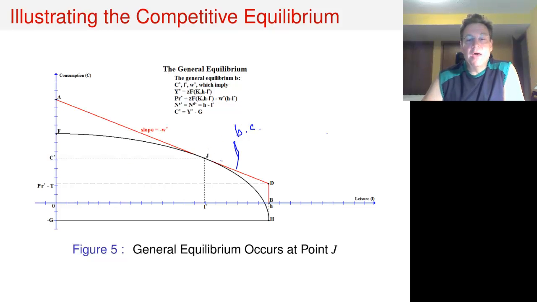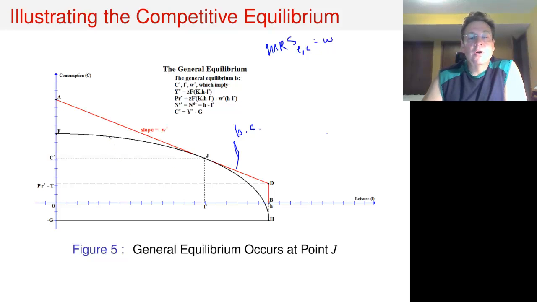The slope of that, as we know, if the consumer has optimally chosen J, then at point J we have that the marginal rate of substitution, leisure for consumption, is equal to the wage. So remember, this means that the rate at which consumers are willing to trade off consumption and leisure equals the rate at which they can trade those off.